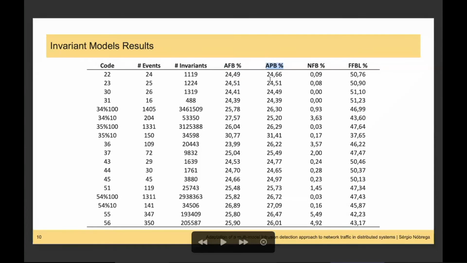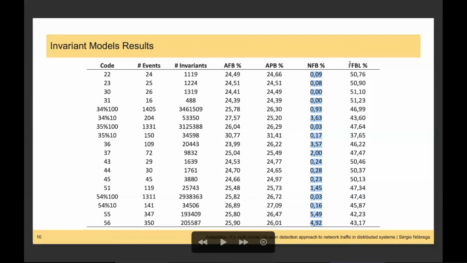Always preceded by invariants are also 24, 25%. The NFB are followed by, they are very, very low. The maximum is here, which is 5.49%. So there's very little of these invariants being created.